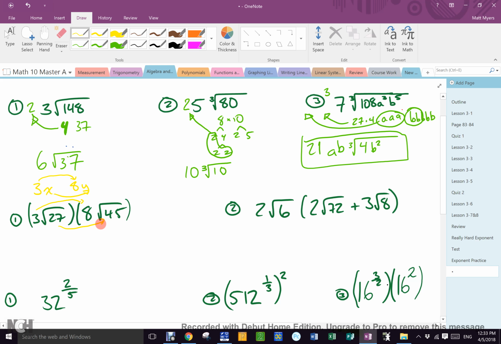Except there's a problem. What is it? No, multiplying is okay. 27 times 45 is what? A gigantic number. Who would want to simplify that gigantic number? Crazy people, especially when you can simplify these simple ones. Simplify every chance you get, not just at the end.